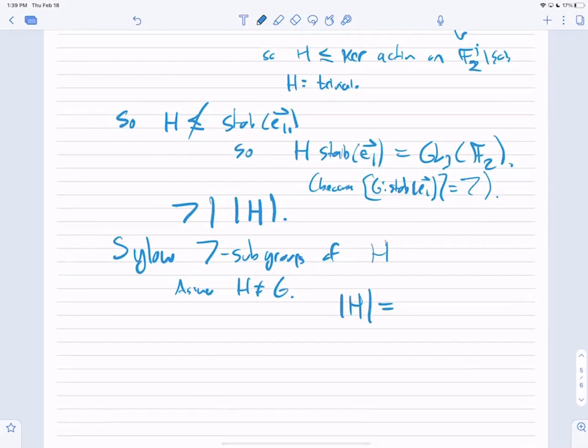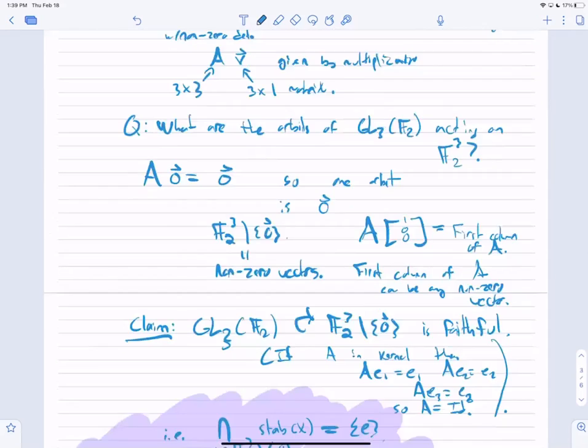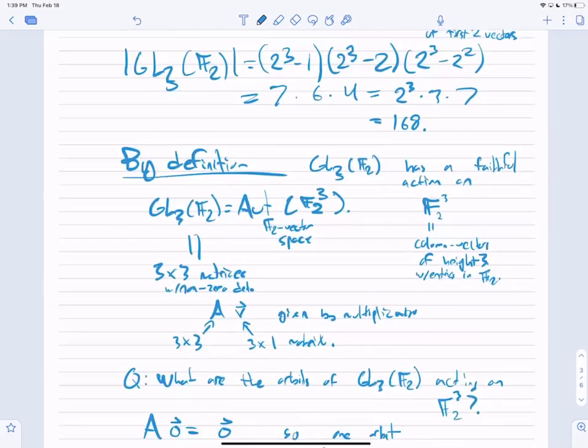is equal to, so what was the order of the group that we started with? 2 cubed times 3 times 7.